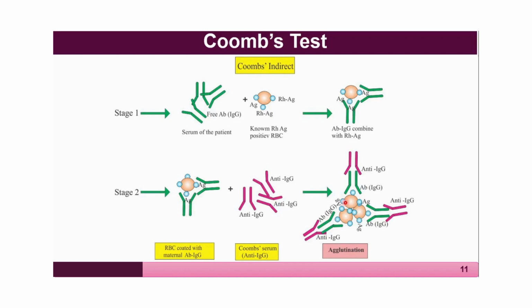So the Coombs test is generally done to identify the Rh antibody, and it is very important, especially in the case of an Rh negative mother carrying an Rh positive child, because it causes complications to the child and results in the disease erythroblastosis fetalis.